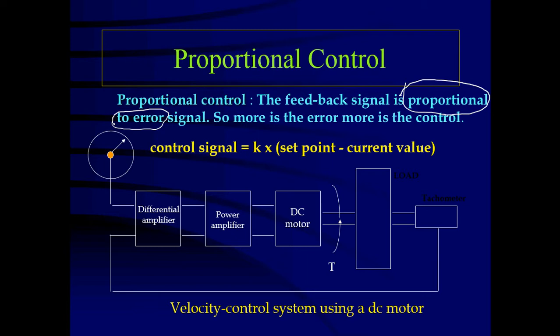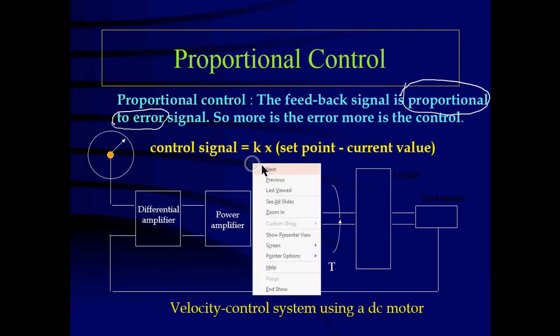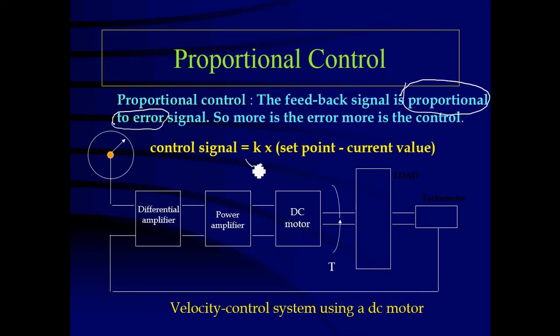The control signal, you see, this is proportional to the set point and the current value, meaning the measurement. So there you have the system here, and you measure the velocity.